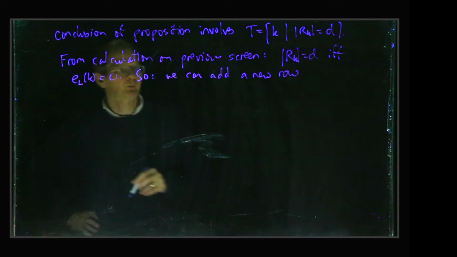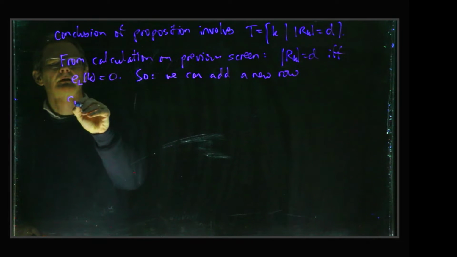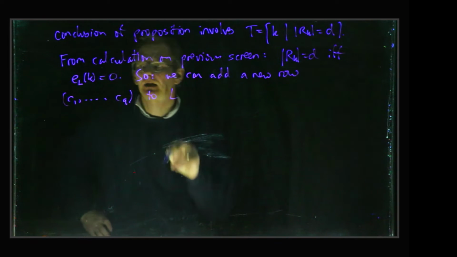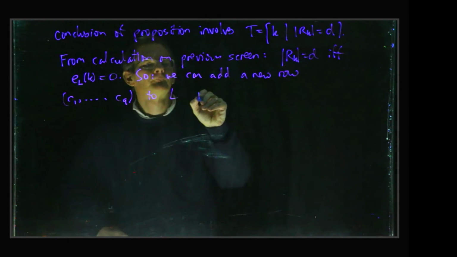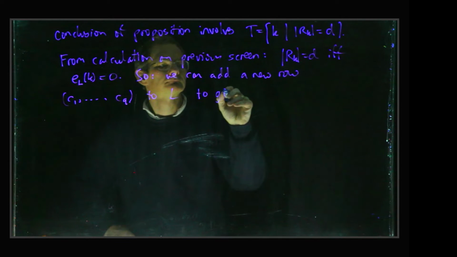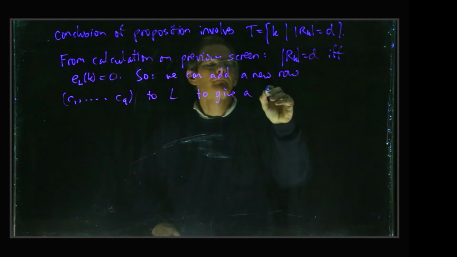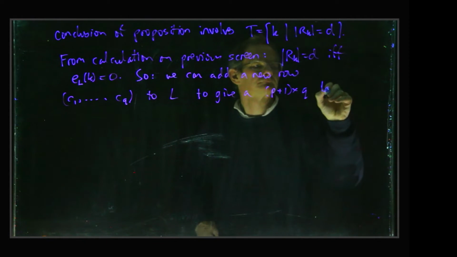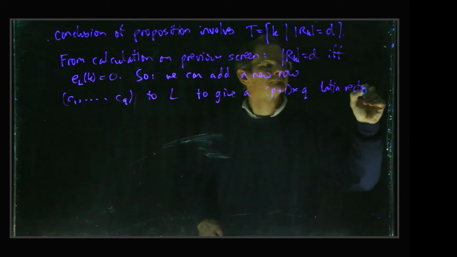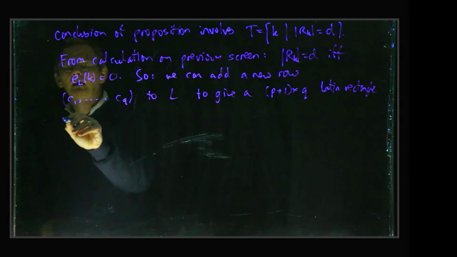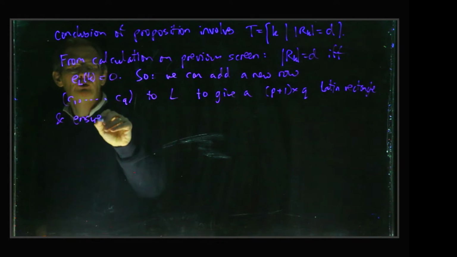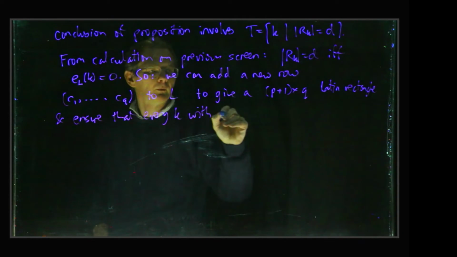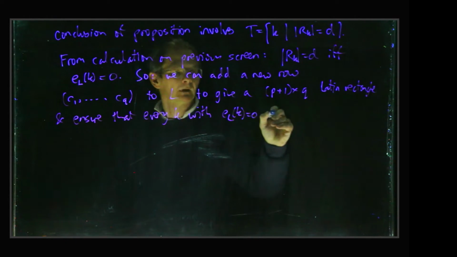So what we conclude is that we can add a new row, say C1 up to Cq, to L, to give a new p plus 1 by q Latin rectangle. And we can also ensure that every k with ELK equals 0 appears in this new row.